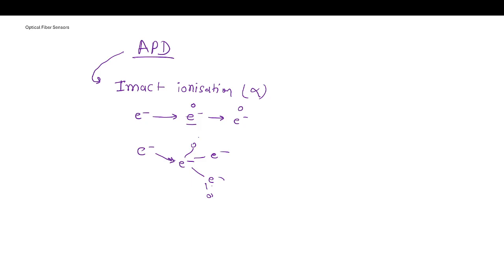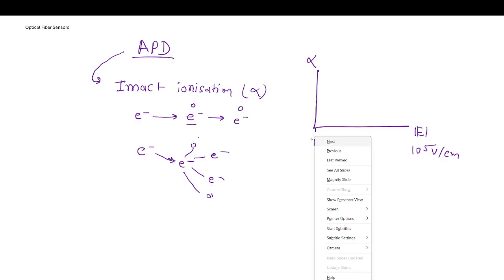If you see the impact ionization plot versus the electric field, for that we need a very high electric field, 10 to the power 5 volt per centimeter, which is way high, enough to destroy a few compounds.